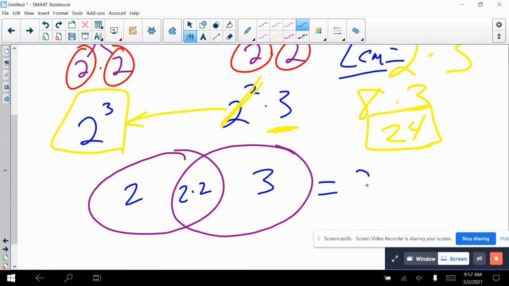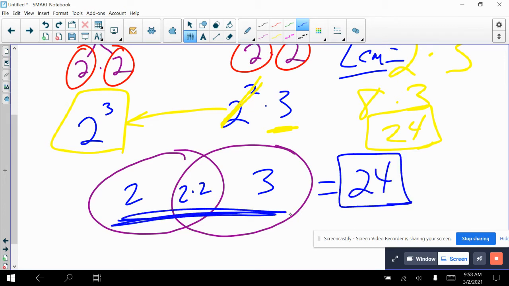What's 8 times 3? 24. You still get it. You multiply all of the numbers in the Venn diagram. How many of you like that way? I'm just curious. Yeah, I do. I mean, as long as you factor down to the prime, right? And you get the numbers in the right circles, it's foolproof. Okay. So far, so good.